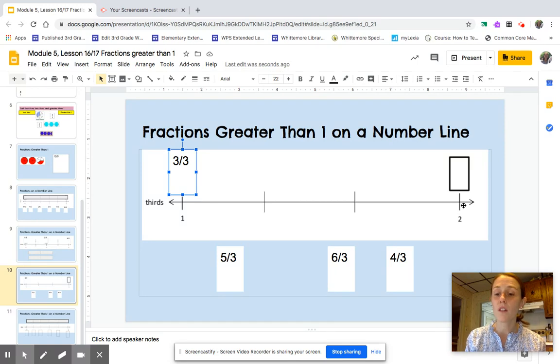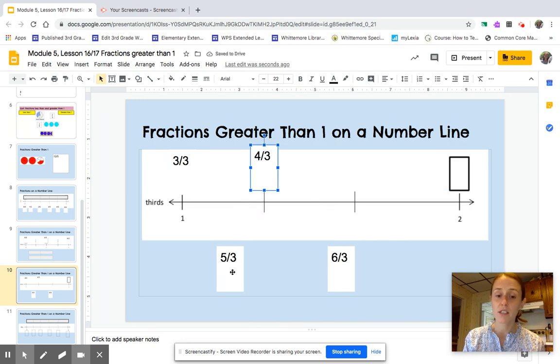Now I'm going to try to fill in the rest of this number line. If I start with 3/3 and I add another piece to 3/3, I'm going to land on 4/3. 4/3, adding another equal piece would be 5/3.